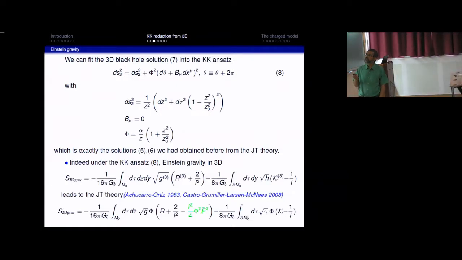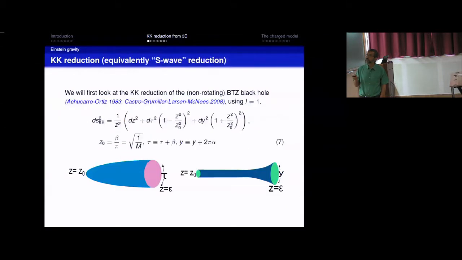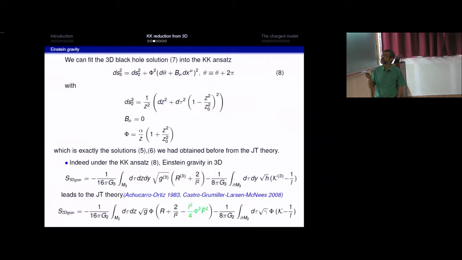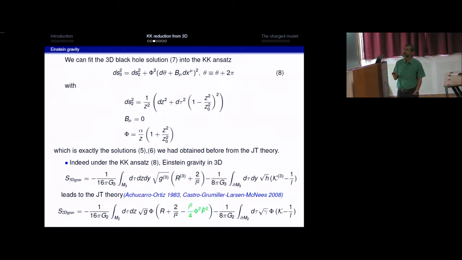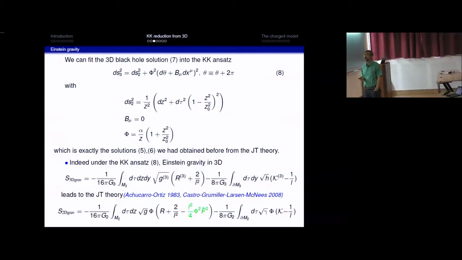Clearly, if you remember what the metric is, this part we can identify with the two-dimensional black hole metric, and this will be my phi square. Since there is no cross term here, what would have been the Kaluza-Klein gauge field is actually 0. So the dilaton turns out to be exactly the same as we had found from the solution of the JT theory.